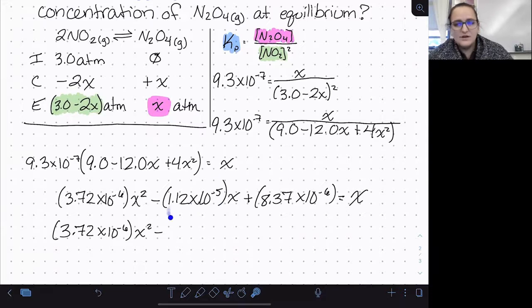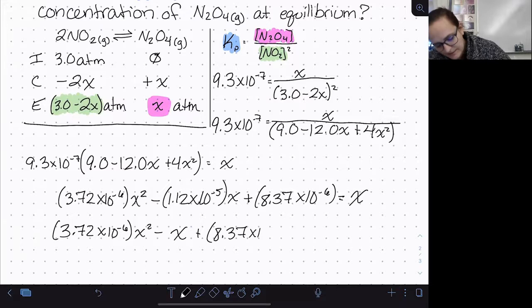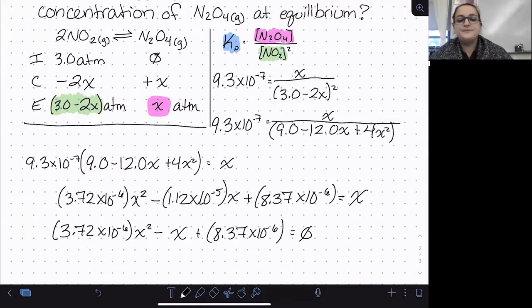This is a small enough number that technically it would be minus 1.0000112, but that's close enough to 1 that we can ignore the difference and just say this is minus x, that our coefficient here is essentially minus 1, plus 8.37 times 10 to the minus 6th is equal to 0.